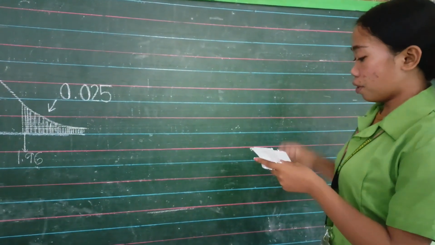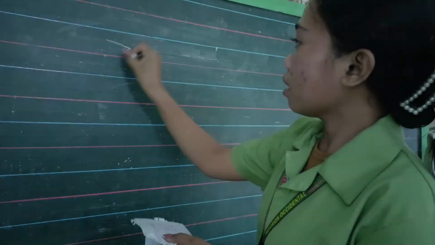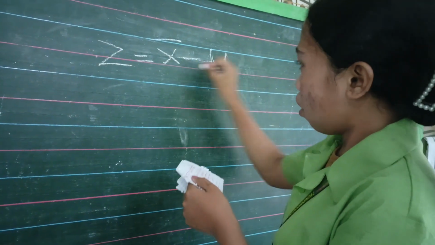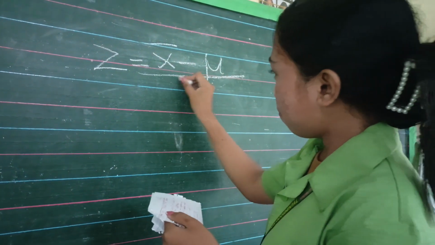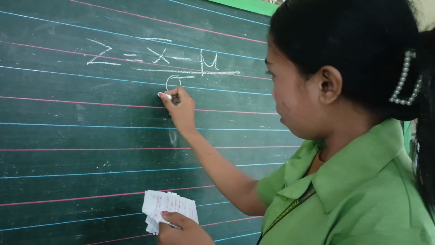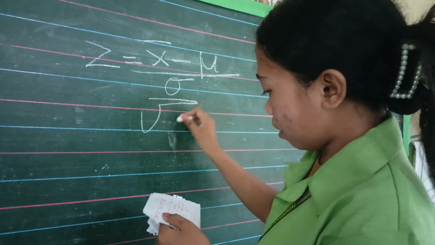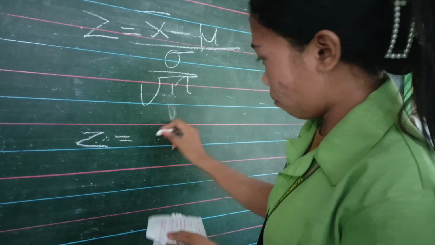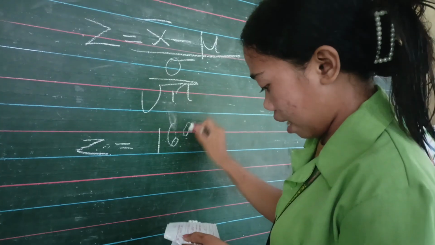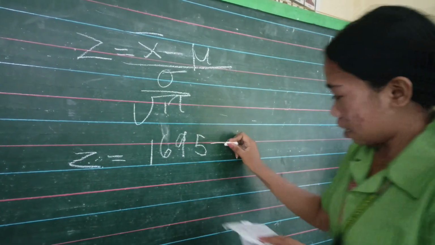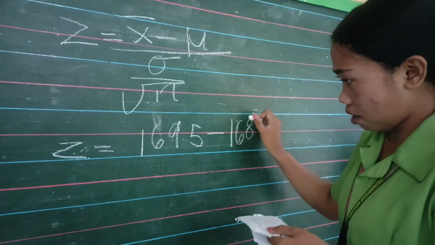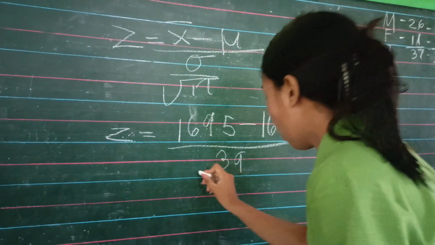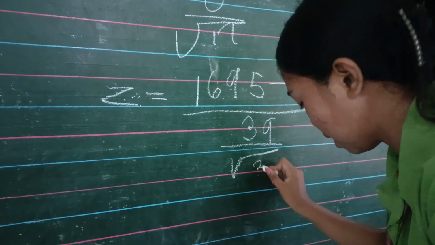Now let's compute our calculated z-value. Z is equal to the sample mean minus the population mean over the population standard deviation over the square root of the sample size. So we have Z is equal to 169.5 minus 168 over 3.9 over the square root of 36.